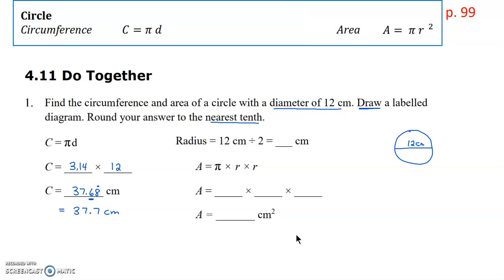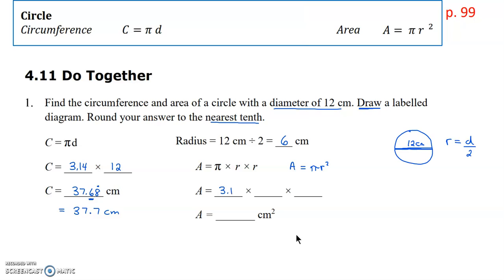For my radius, notice that the diameter is 12, so the radius is the diameter cut in half. So it's 12 divided by 2, so the radius is 6 centimeters. My formula is pi r squared, and you can choose to use a square button on your calculator or to multiply radius times radius. That's your choice.